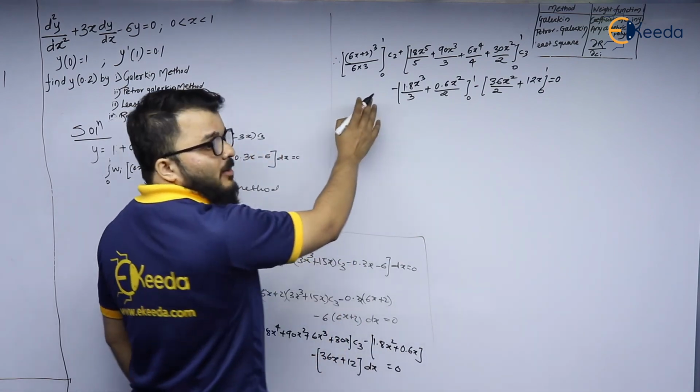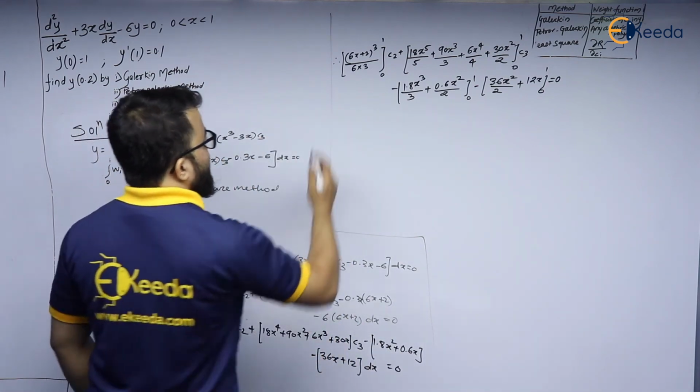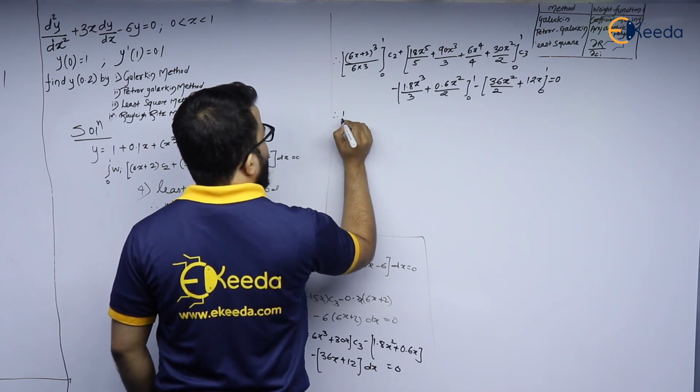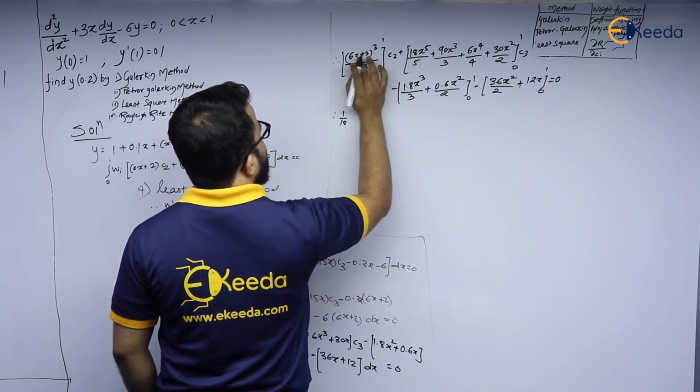So now we will put this upper limit and lower limit in this equation. So my equation becomes, taking 1 by 18 as common, I will put x equal to 1.